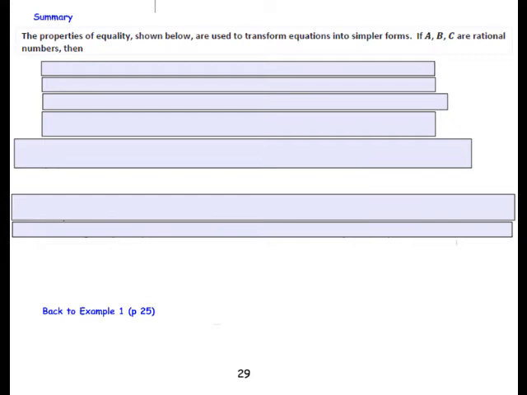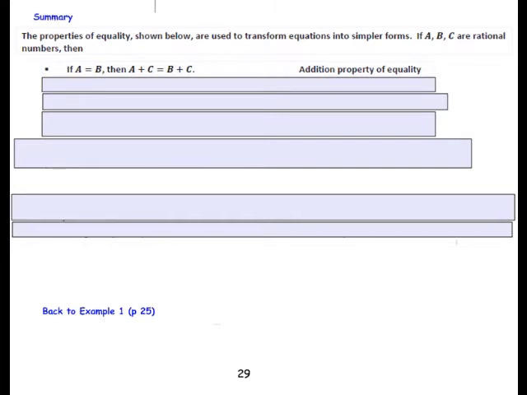If A, B, and C are rational numbers, and remember, rational numbers are whole numbers, fractions, decimals. If A is equal to B, then when you add the same number to both sides of the equation, it remains equal.